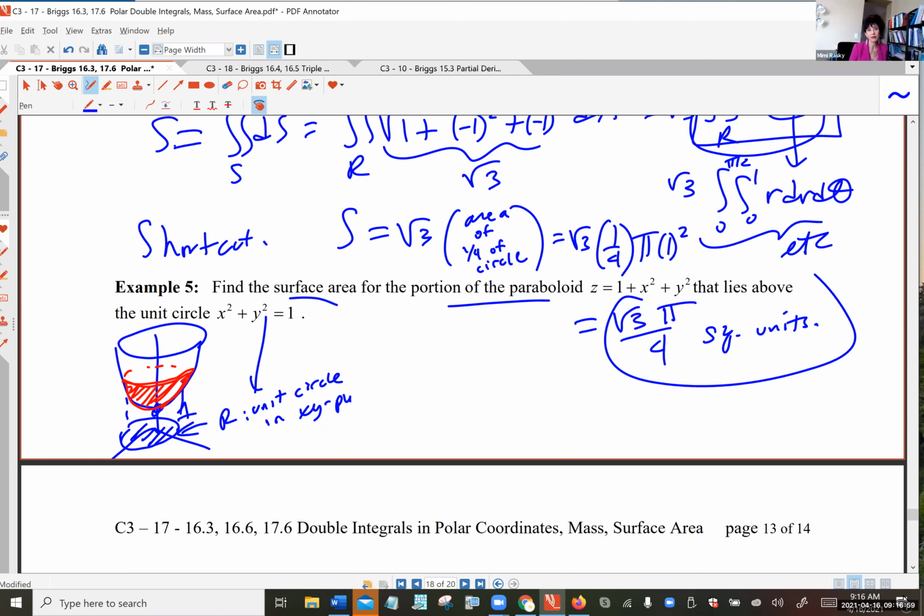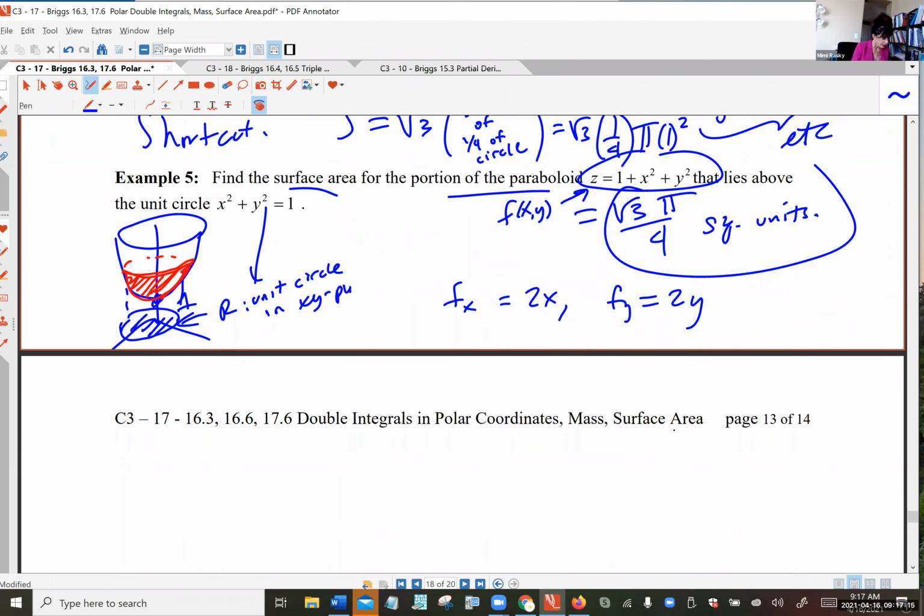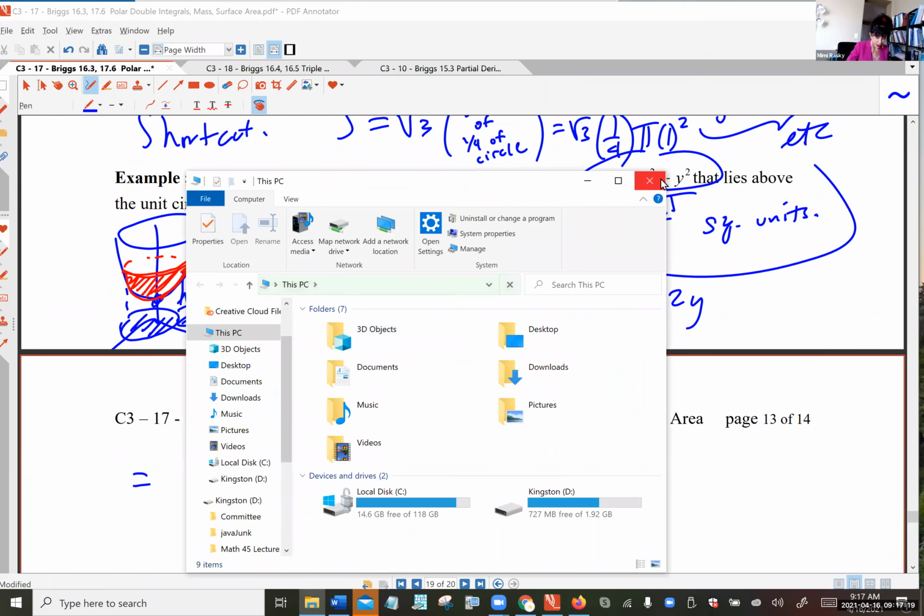So fx is 2x, because your z here is your f of x, y. That's your capping surface. Your fy, your partial with respect to y, is 2y. Okay, fine. Surface area is the double integral over the surface dS, but we rewrite it as a regular double integral of the square root of 1 plus fx squared plus fy squared dA.